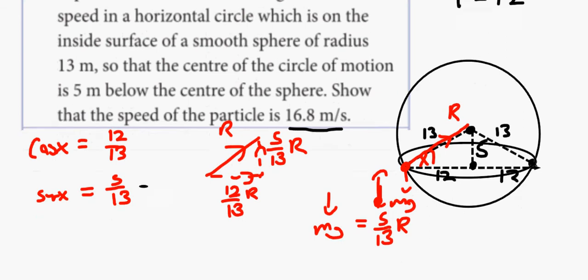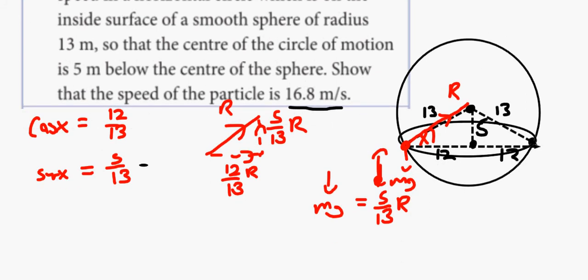What formula do we use for circular motion again? F equals mv squared over r. What's the only horizontal force you have there? Exactly.